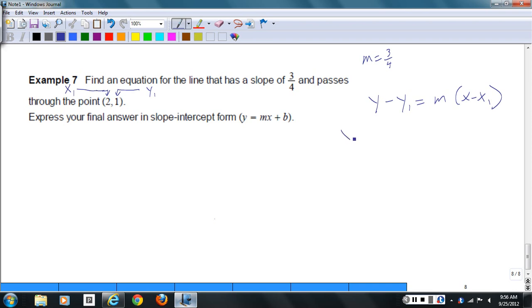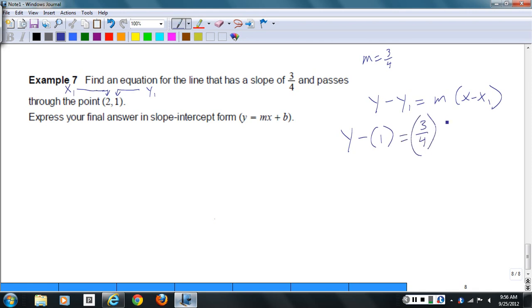We'll substitute. Now when we substitute for the y sub 1 and for the x sub 1, it's not a bad idea to enclose the y sub 1 and x sub 1 in parentheses, particularly if we're substituting negative numbers, so that the minuses don't bump into each other. If we're substituting positive numbers, although it doesn't hurt, it's not that big a deal.